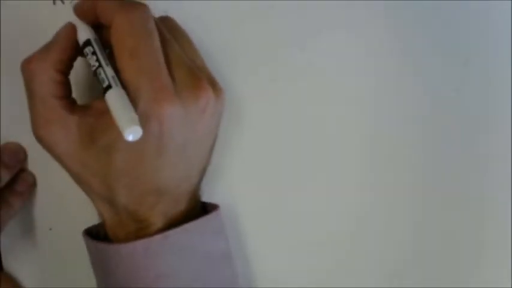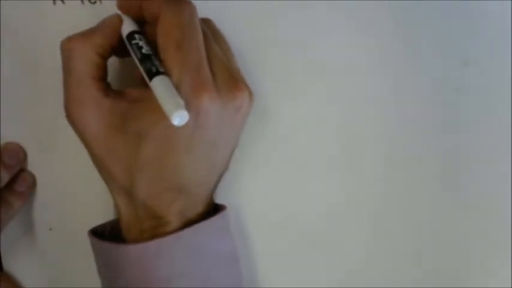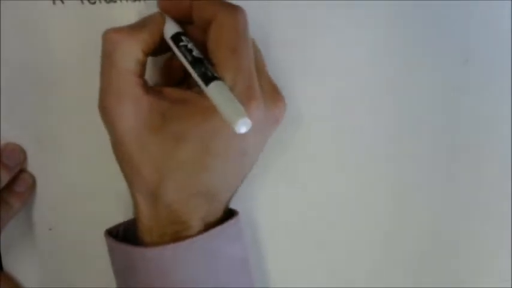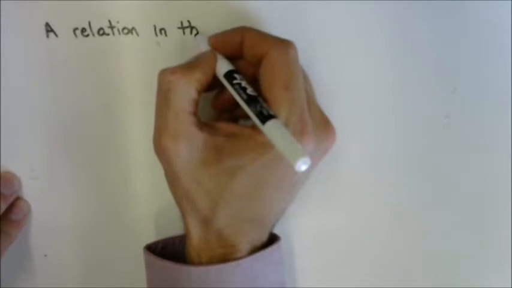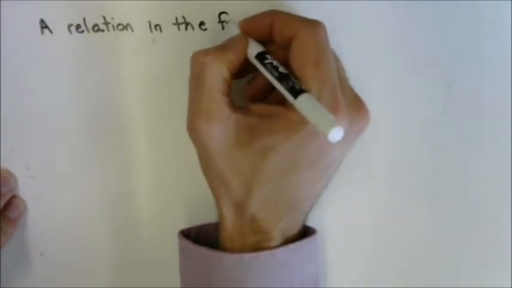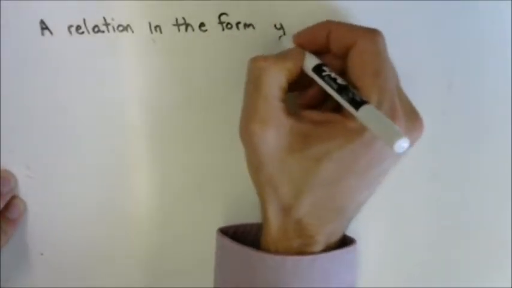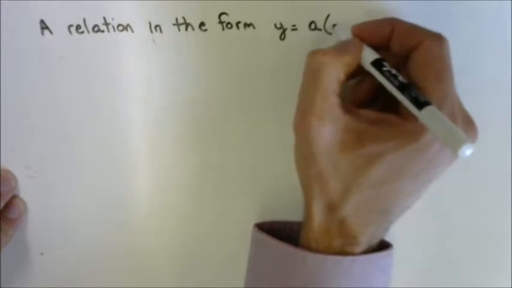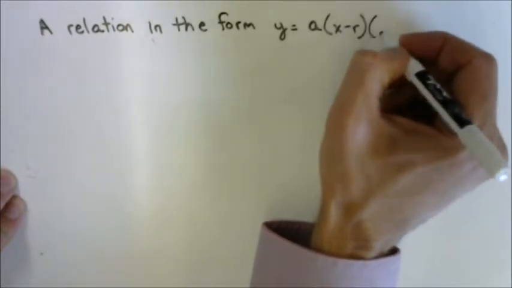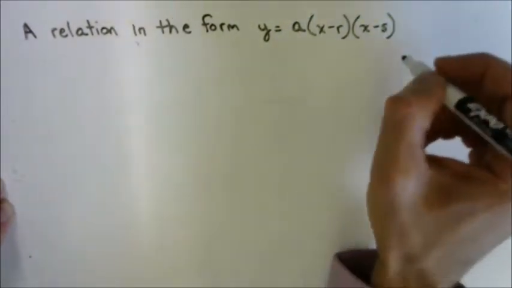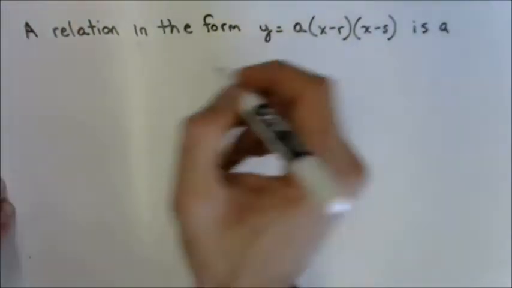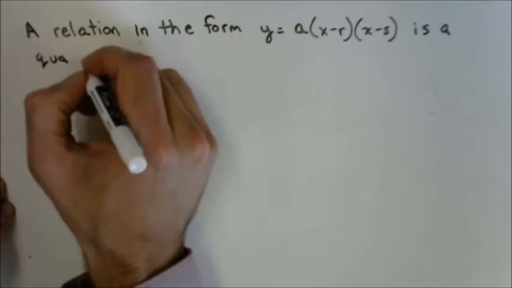So here's some notes. A relation in the form y equals a(x minus r)(x minus s) is a quadratic relation.